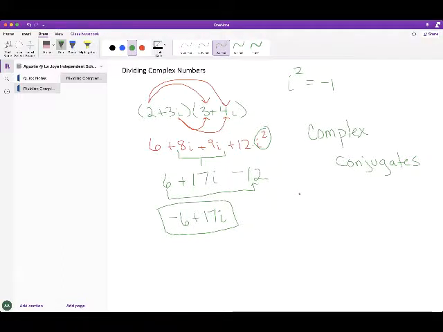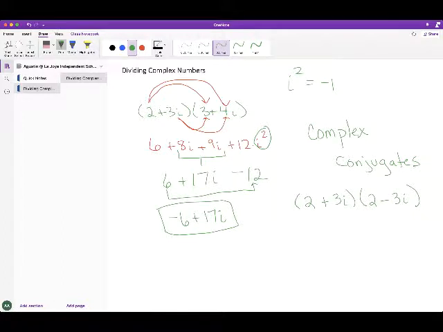So for example, what do I mean by that? I'm going to write two complex numbers, and I'm going to purposely skip the operation in the middle, so they're pretty much exactly the same. What's the difference? One is plus and the other one is the opposite, minus. So these are called complex conjugates.